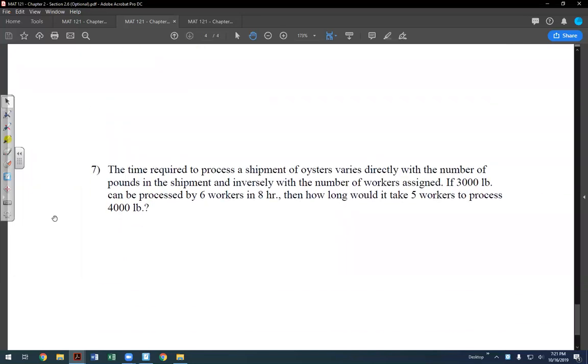So here we're saying the time required to process a shipment of oysters varies directly with the number of pounds. So of course, the more pounds of oysters you have, the longer it's going to take, but inversely with the number of workers, right? So the more people you can get to help you with that process, the less time. So more pounds, more time, but if you can get more workers, that means you're going to take less time.